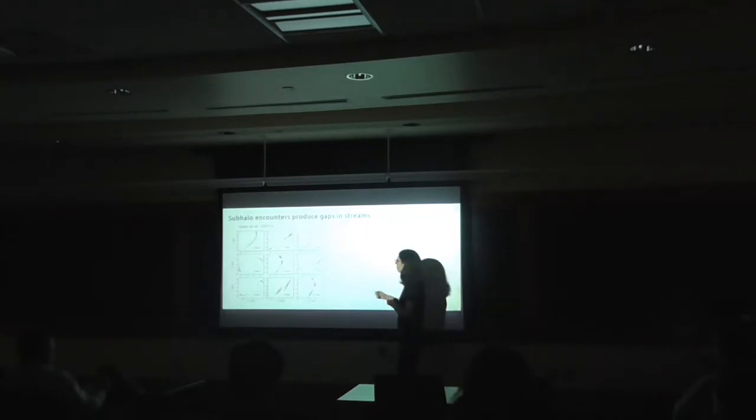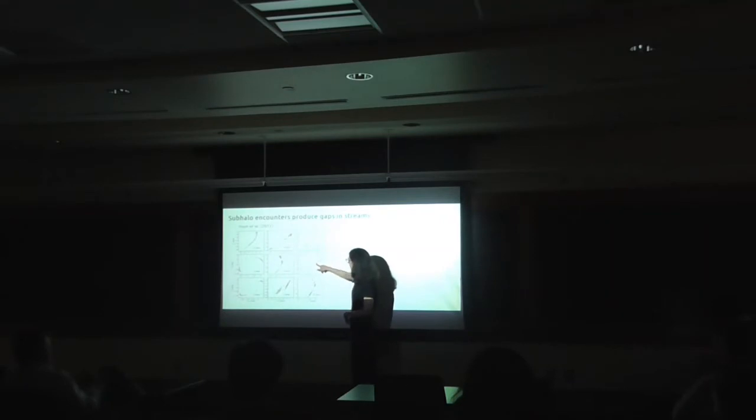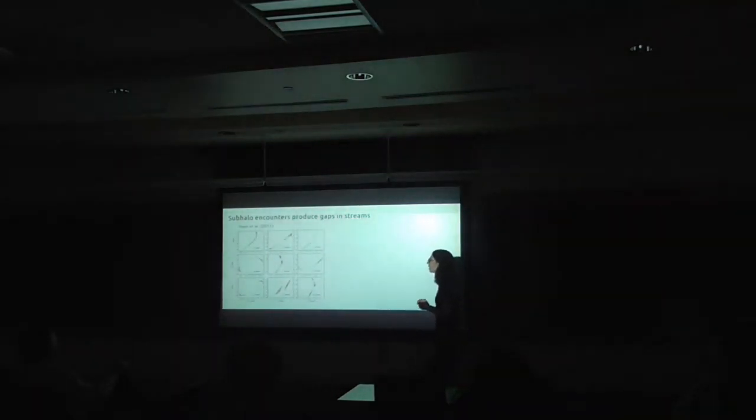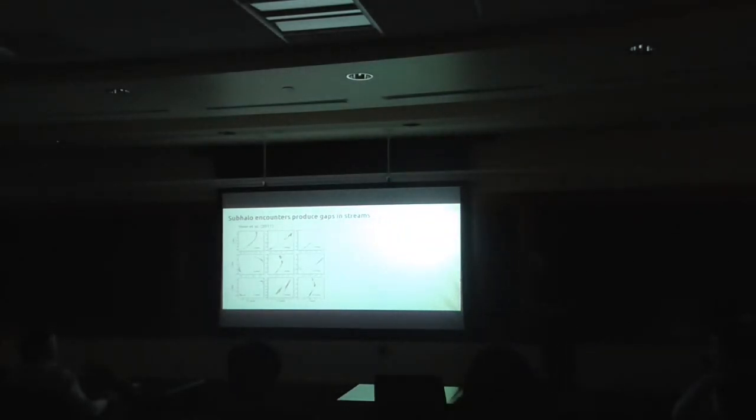You can see that it mostly forms gaps, but in some cases it does look like there's a spur or something like that. But after this, there really hasn't been much talk about this folding of the stream or stars ejected from the stream. It was mostly on what we can learn from the gaps.